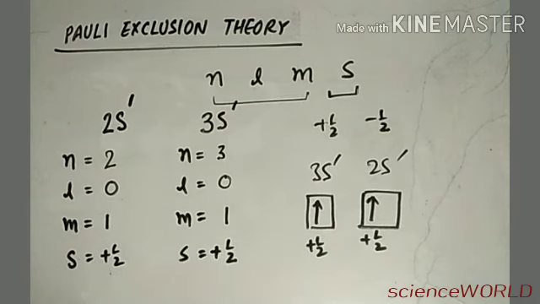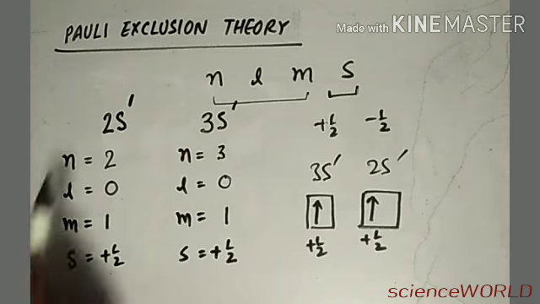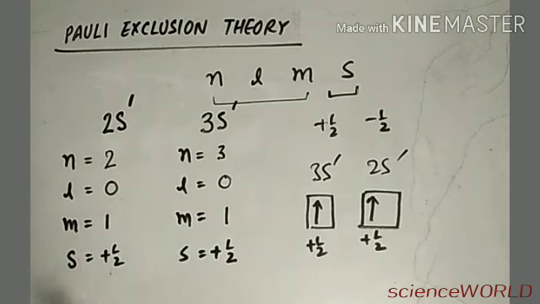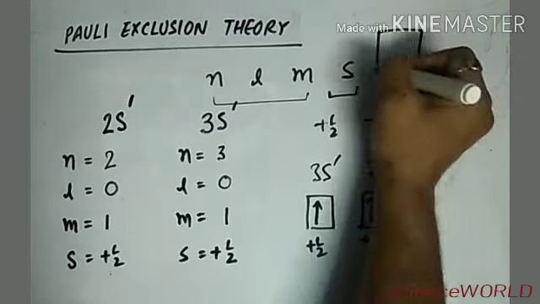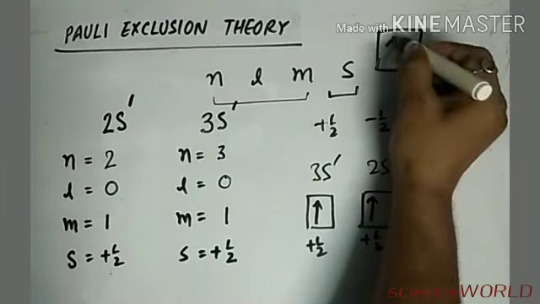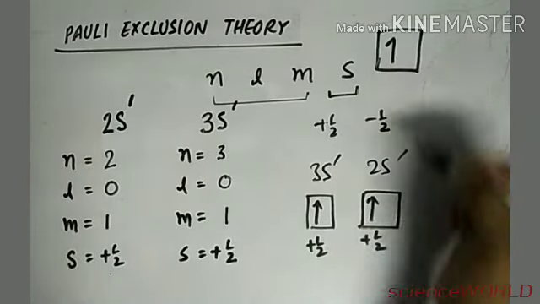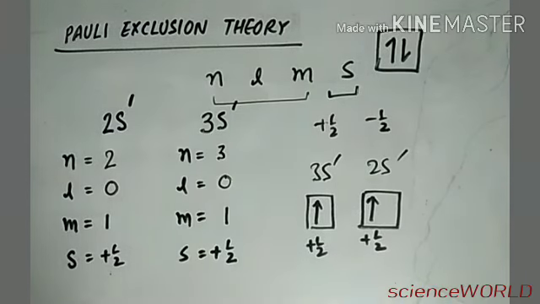So s value will be plus half here, and plus half here. So we can say that by Pauli's exclusion principle, all quantum numbers for two electrons of the same atom should not be equal, right? There must be a difference in these quantum numbers n, l, m and s values. And a very important thing, which I think you can understand: each and every orbital consists of two electrons, and the two electrons must have opposite spin, right?